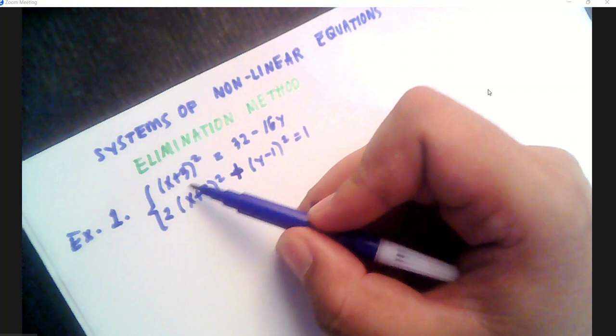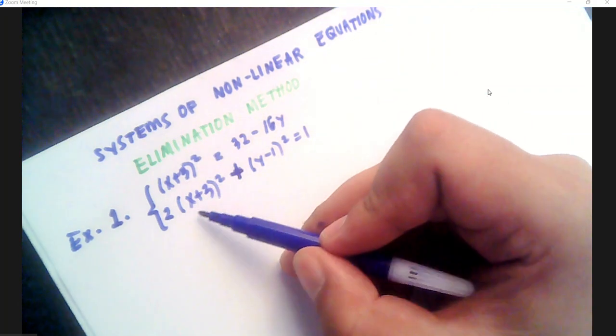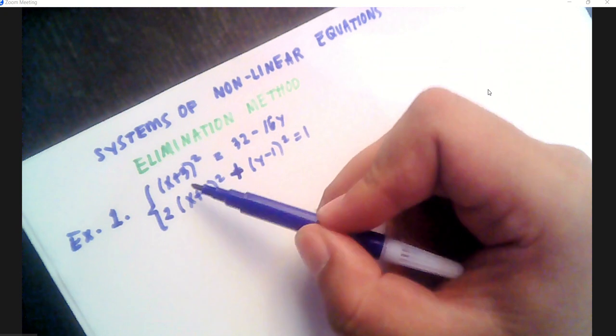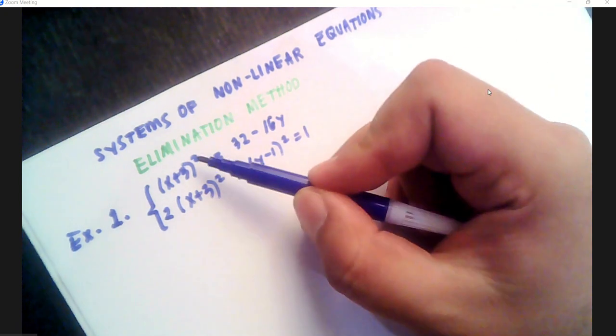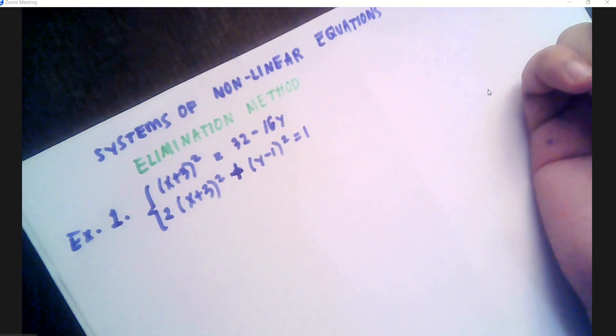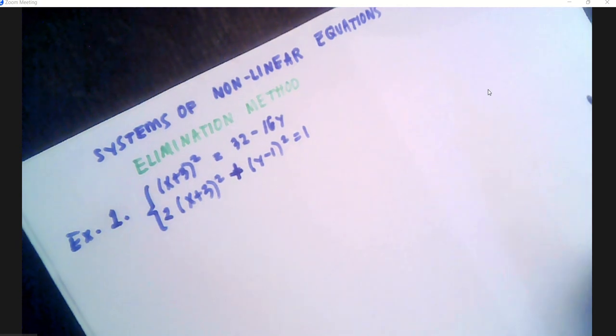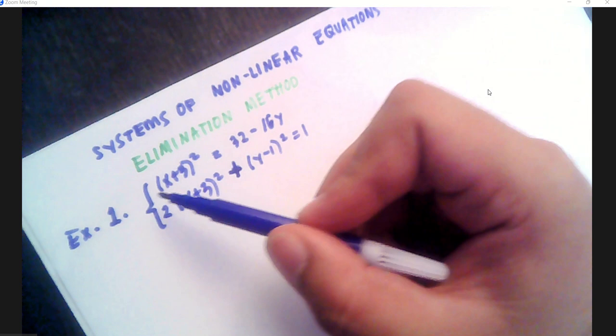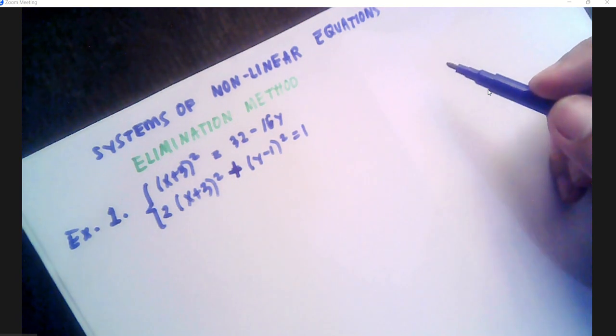For example, you have x plus 3 squared here and x plus 3 squared also in the other equation. In this case we cannot eliminate them directly. But there is a certain property that if you multiply it by negative 2, still that is valid.